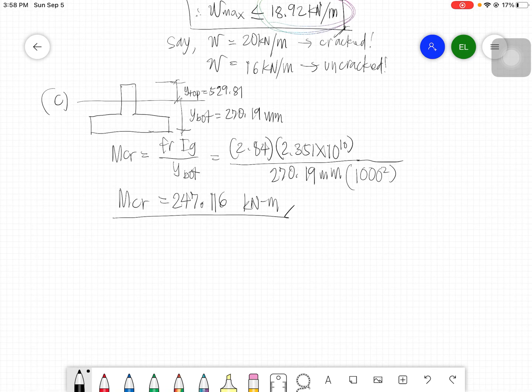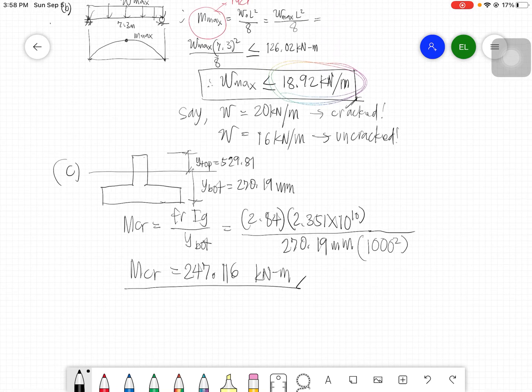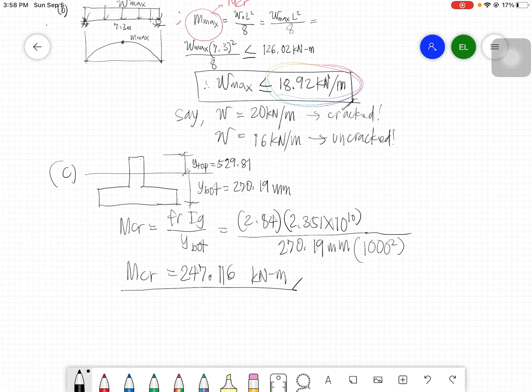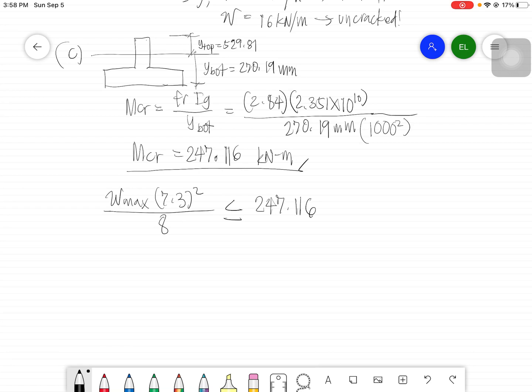Okay, for MCR. So therefore, again, the same procedure with what we have done in letter B. So we have W max L squared over 8 should be less than or equal to the MCR, which is 247.116.